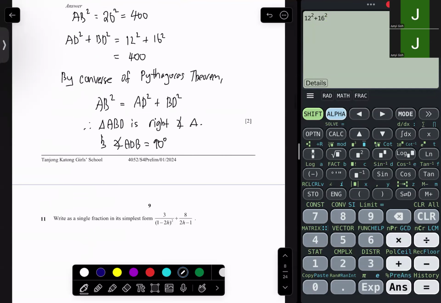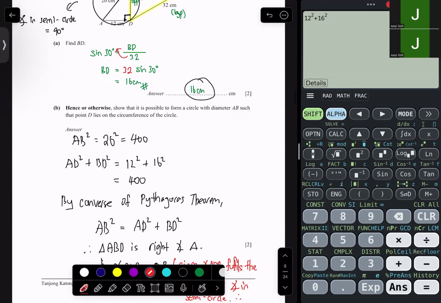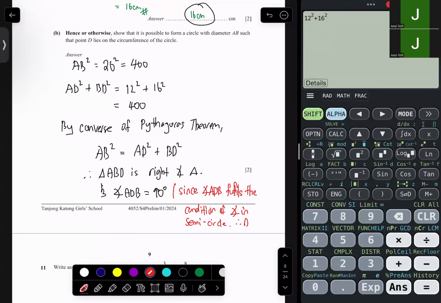Then you still need to say, since angle ADB fulfills the condition of angle in semicircle, therefore AB is the diameter.